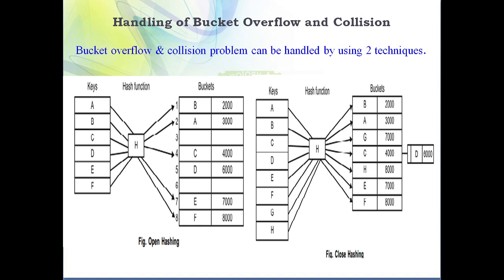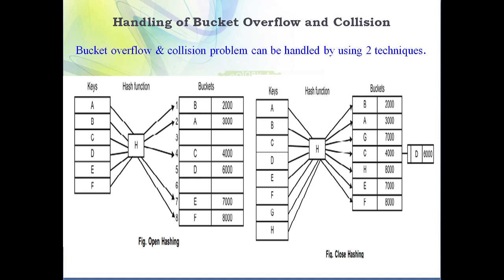Now next is overflow. What do you mean by overflow? Suppose you take a simple example. For a particular travels, the capacity of passengers or number of seats is 50. But passenger number 51 has come, so where can he or she sit? In that case, you observe that in travels they put a separate stool.